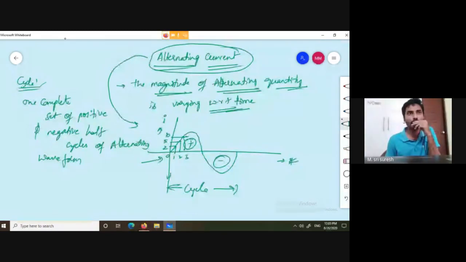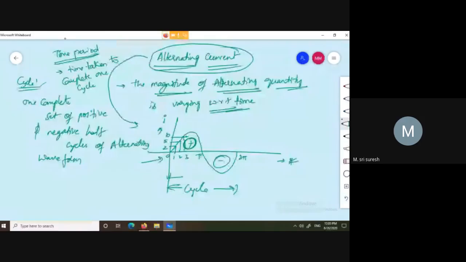Now we'll see about the time period. These are the small definitions with regard to alternating currents. Time period means the time taken to complete one cycle. This is the time for the positive half cycle, and this is the time for the negative half cycle.